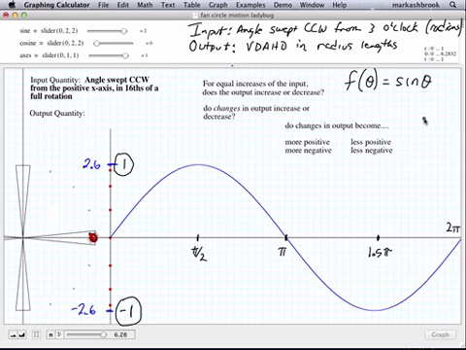Okay, now the blue function, the one that we created, has the same input. And the output, how's the output different? It's still vertical distance above the horizontal diameter, but what's the difference? It's in feet.